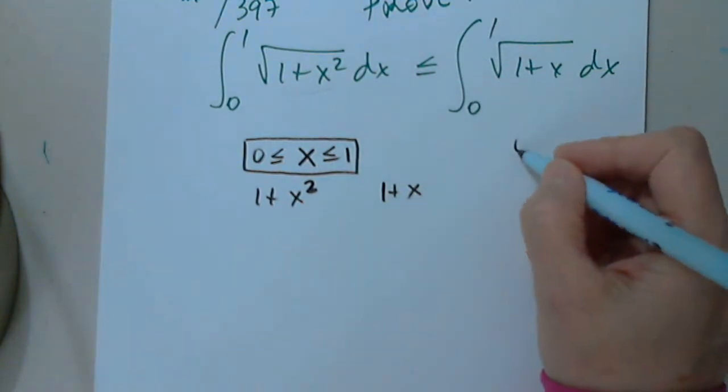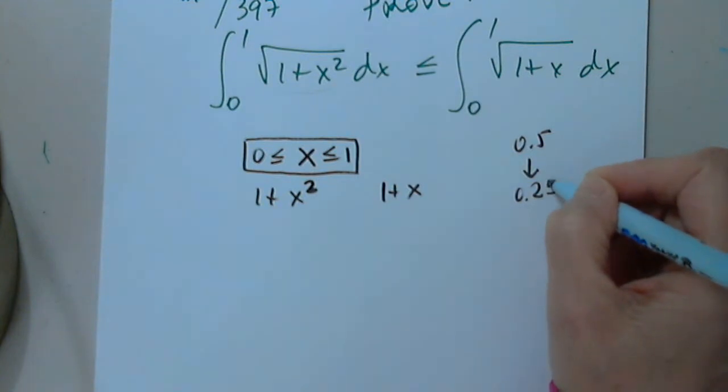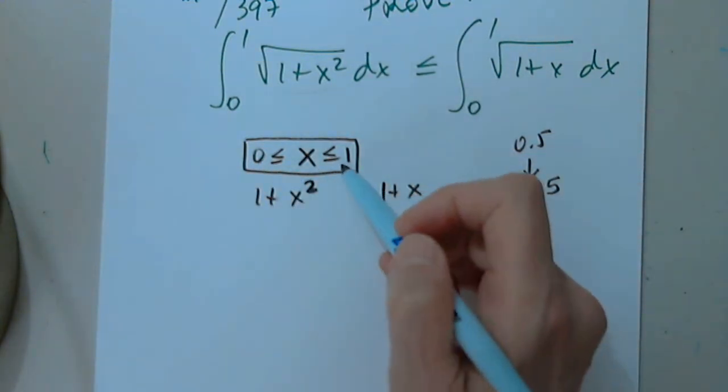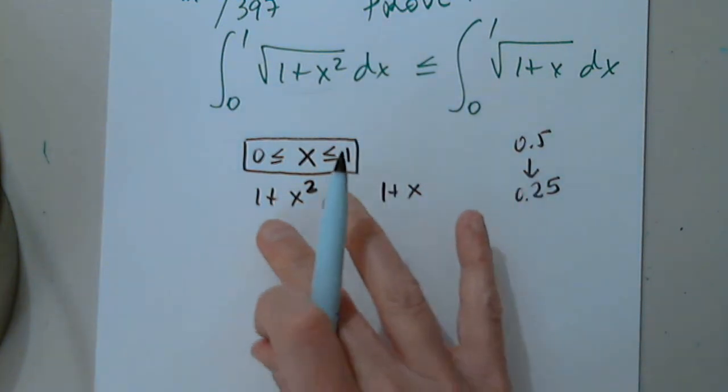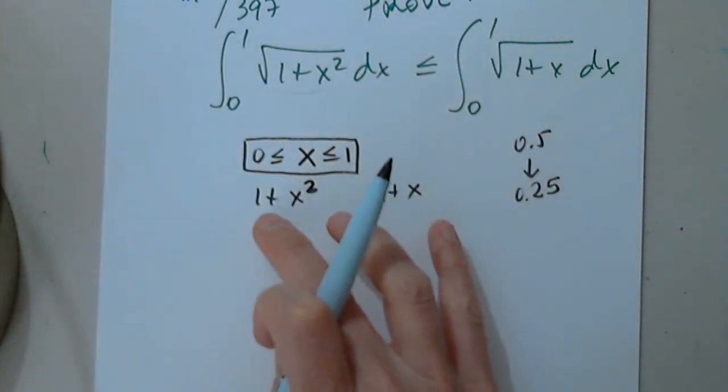So take, for example, 0.5. When you square 0.5, you get a smaller number than the initial number, as long as the number is between 0 and 1. So which of these two will be smaller? This one or this one?